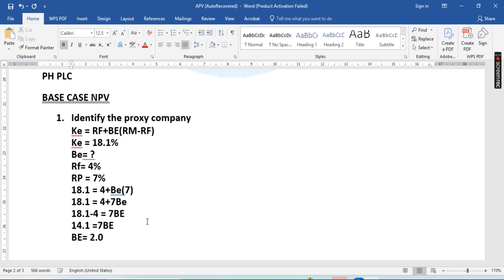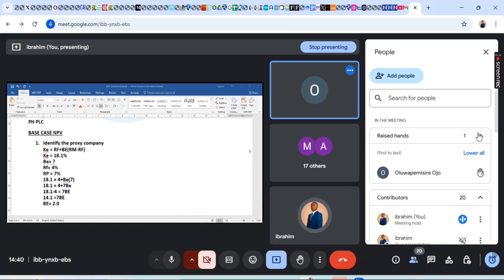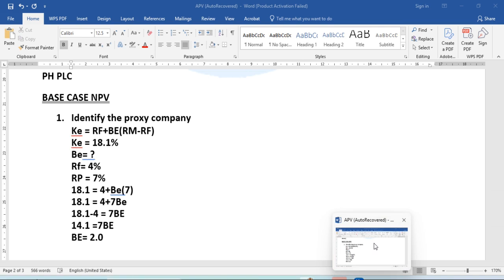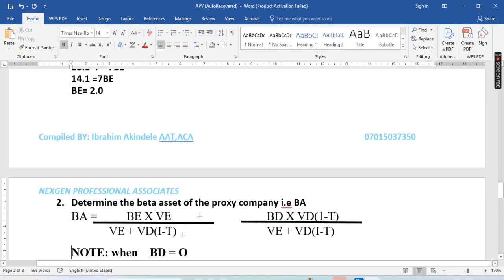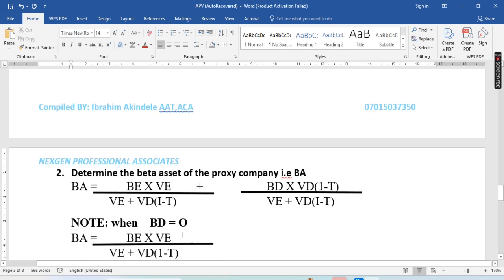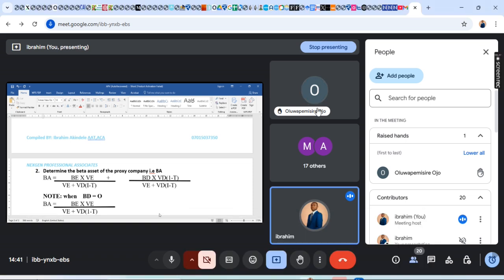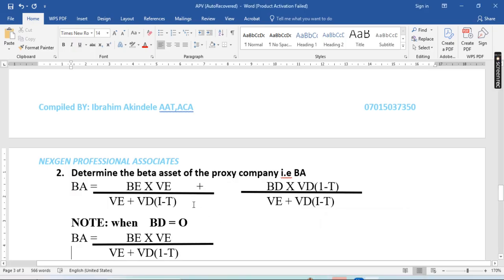Okay. Now, if this is your equity beta of 2.0, another way the question can come is that they can give you asset beta for the proxy company.